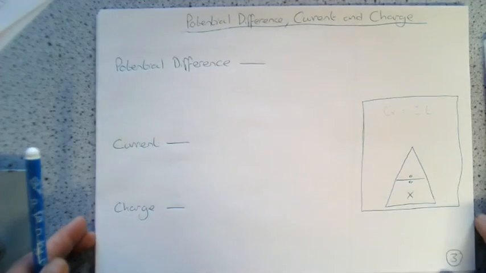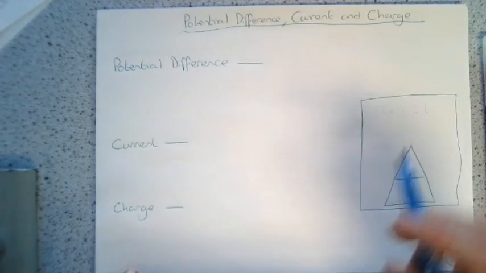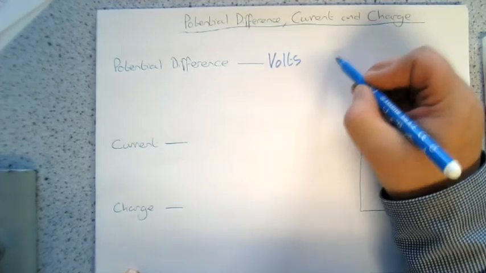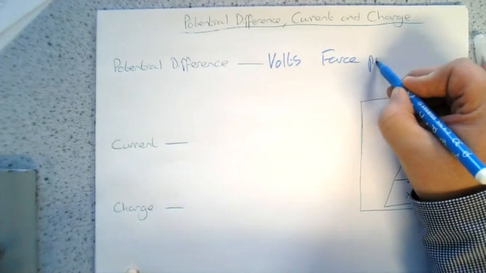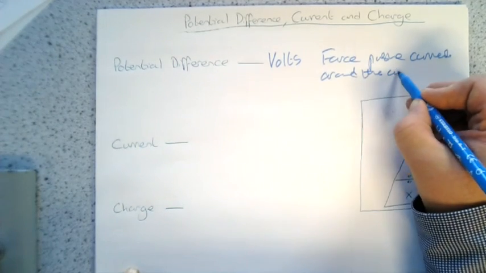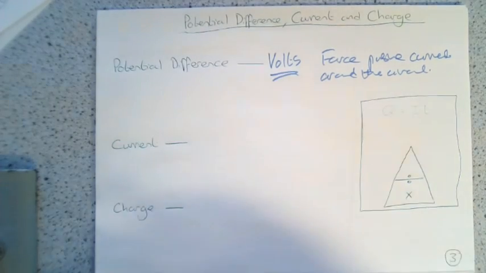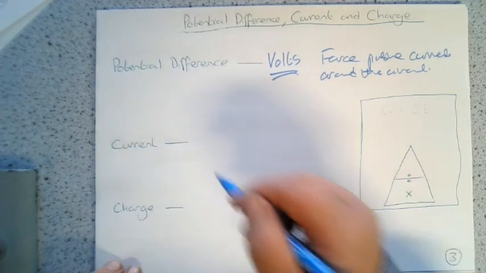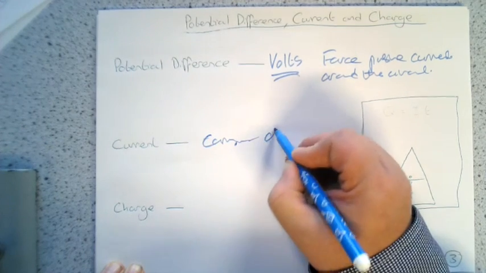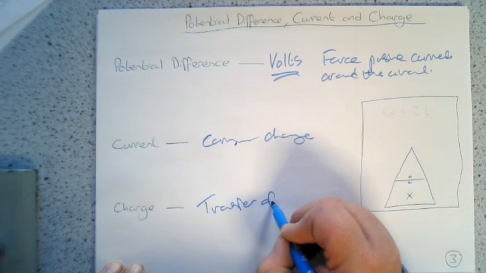So, all right, we've got potential difference, we've got current, and we've got charge. So what is potential difference? Potential difference is measured in volts using a voltmeter, and it is the force that pushes current around the circuit. So without any potential difference, without your voltage, nothing is going to happen. Whereas current carries charge, and your charge is all about the transfer of energy.